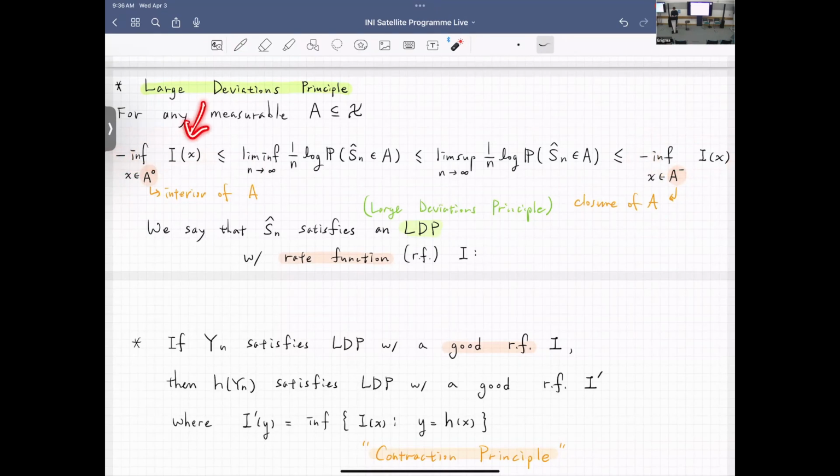So this is smaller than this one. Okay. So, lower and upper bounds.